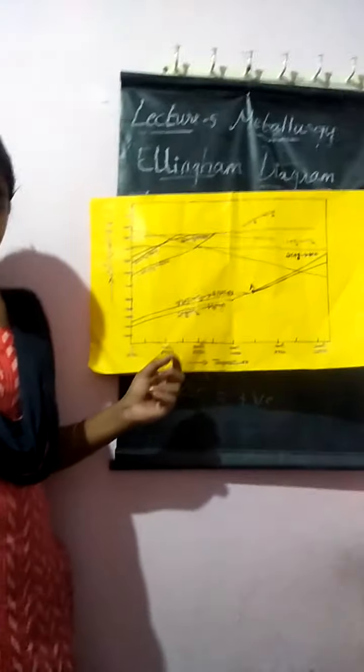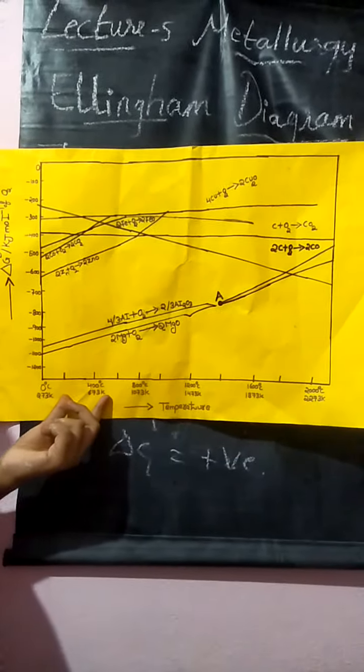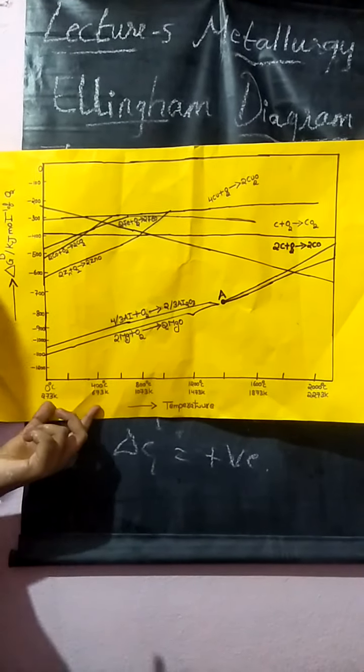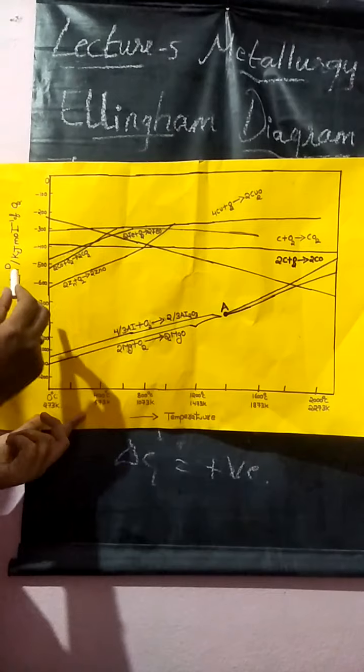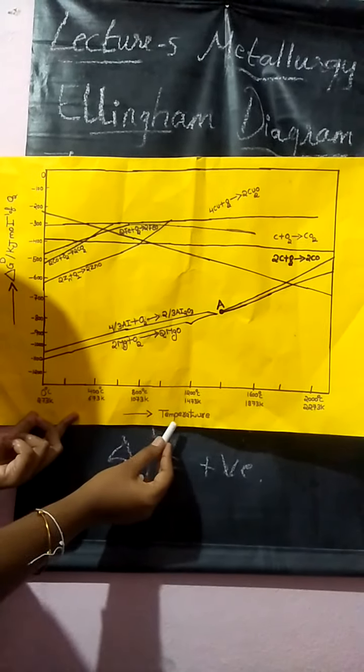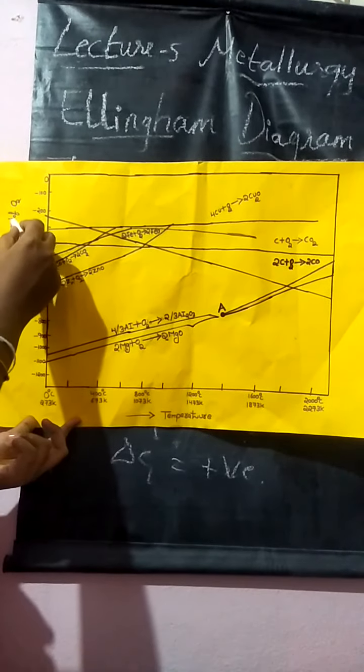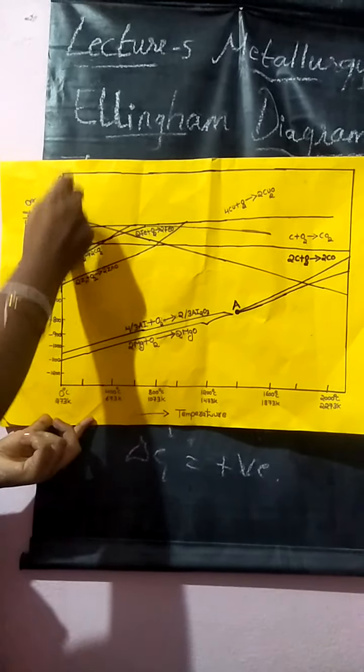So this is the graphical representation of the Ellingham diagram. I will now discuss the basic points of the Ellingham diagram. The Ellingham diagram is a plot between temperature on the x-axis and Gibbs free energy of oxygen on the y-axis.